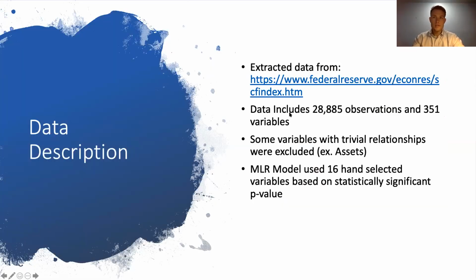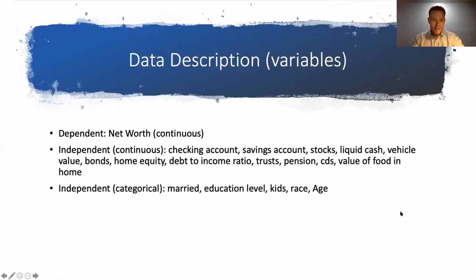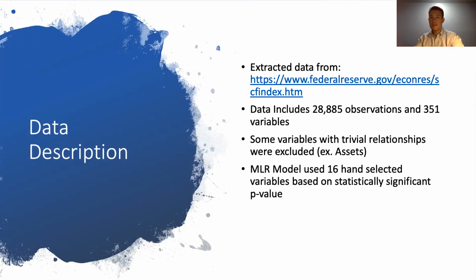So my data was extracted from the Federal Reserve website. Oh, my bad. Go back. I accidentally skipped ahead. So the data set was quite large. It included 28,885 observations and 351 variables.